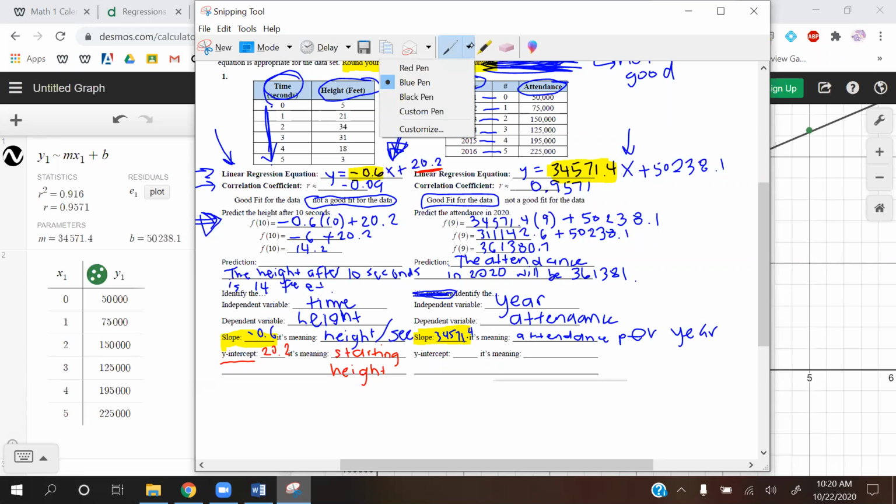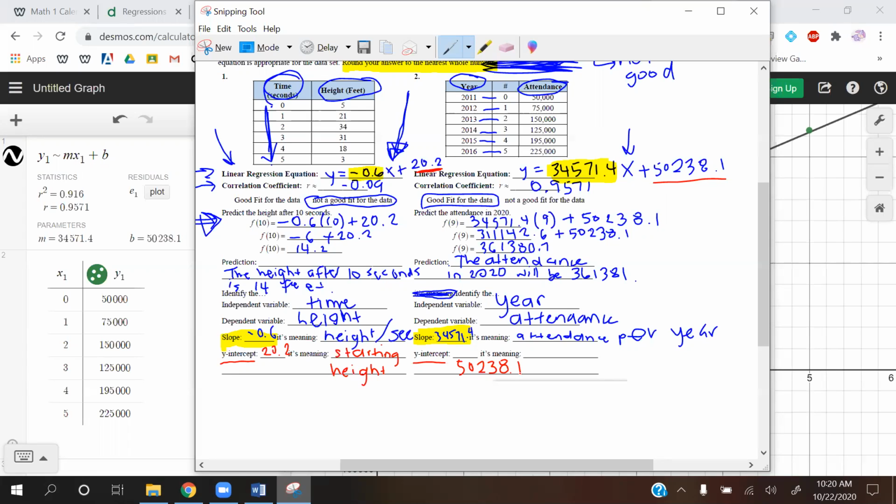And then finally, we have the y-intercept, which is this thing. So let me see if I can write that there. I'm just gonna write on the bottom. I don't have space in that line. Like, are you kidding me? 50238.1.